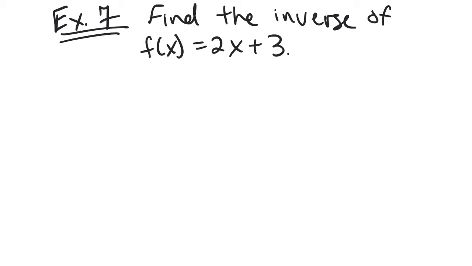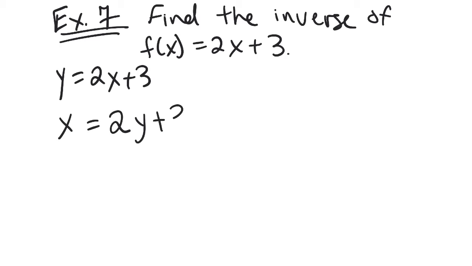All right, example 7 from the notes last week. This is also in 6.2 of your textbook. This example has us find the inverse of the function f of x equals 2x plus 3. So this is the same as y equals 2x plus 3. We're going to switch the variables. So every time we see a y, we put an x, and when we see an x, we put a y.